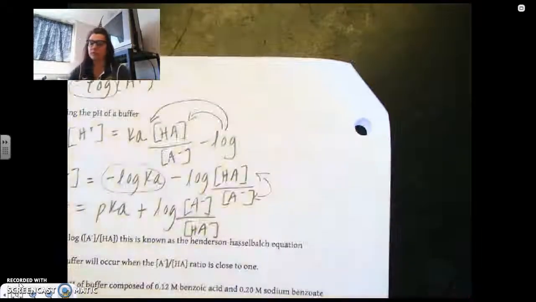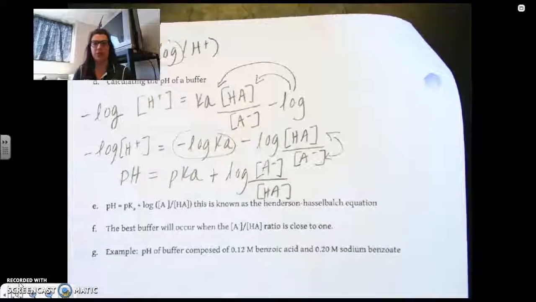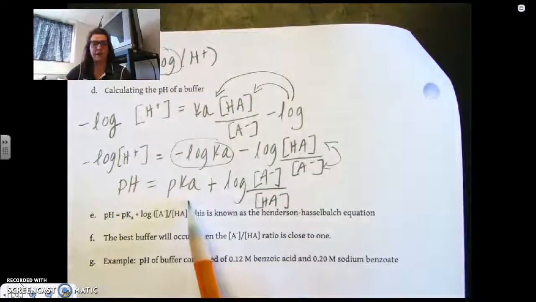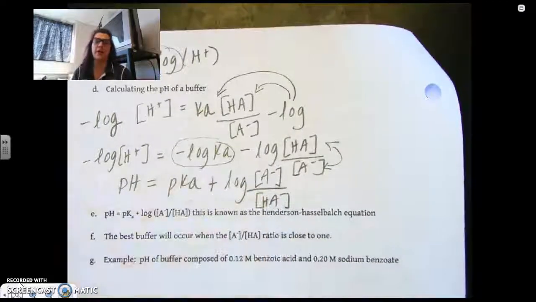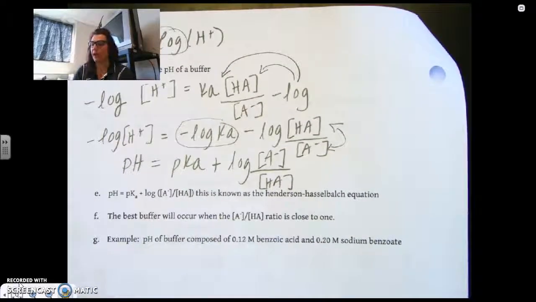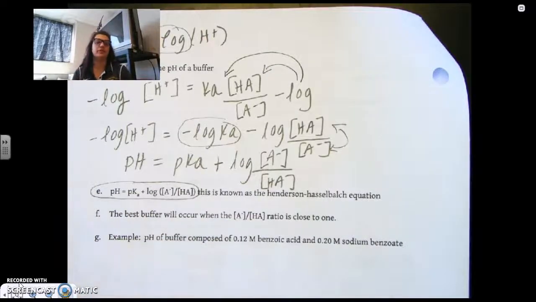Ultimately, to solve for the pH of a buffer, you're going to take the pKa of the acid, that's just the negative log of the Ka, and then add the log of the conjugate base concentration divided by the weak acid concentration. So that's this equation that I have right here, and this equation is known as the Henderson-Hasselbalch equation.